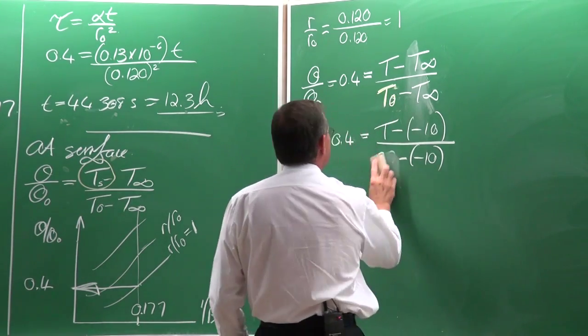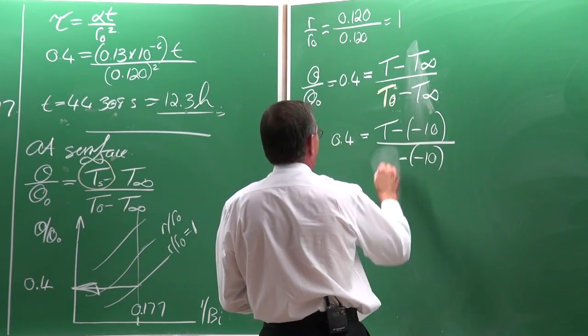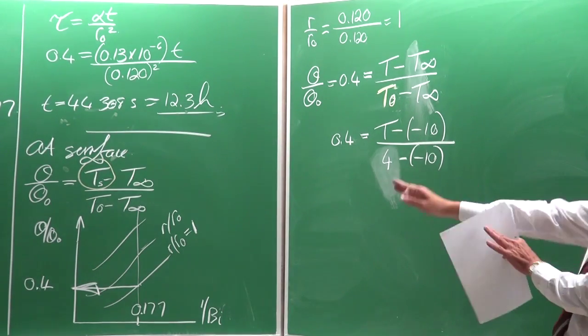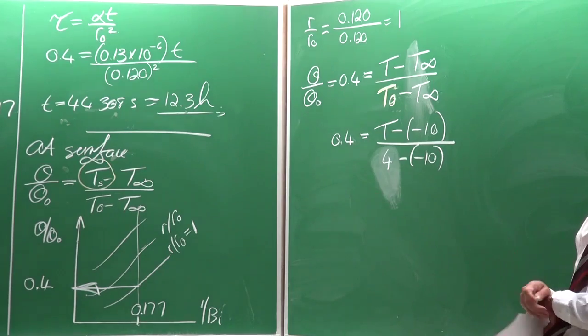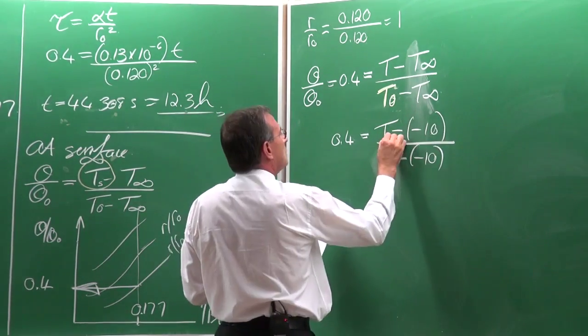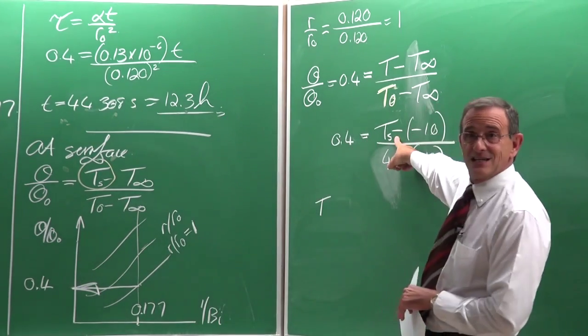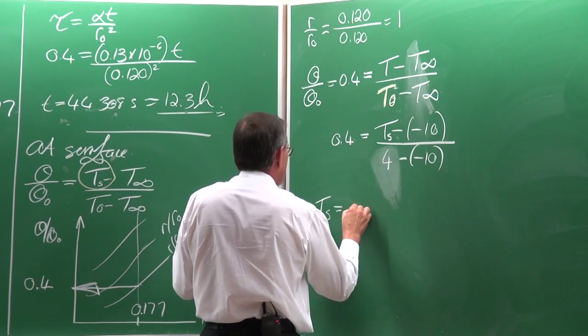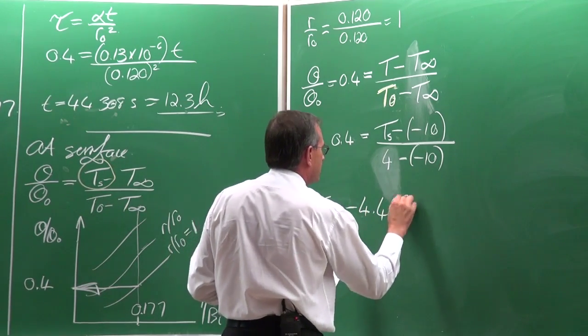So this shouldn't be 37, it should be 4. The temperature at the center at that time, 12.2 hours. So if we now solve for the temperature, let's call it Ts, then the temperature is equal to minus 4.4 degrees Celsius.